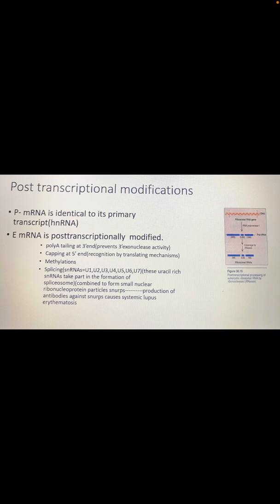These are all uracil rich regions and cause the removal of introns from the exons, and afterwards the joining of exons together. So these small nuclear ribonucleoprotein particles, which are known as snRNPs, join together one by one and cause the formation of spliceosome.